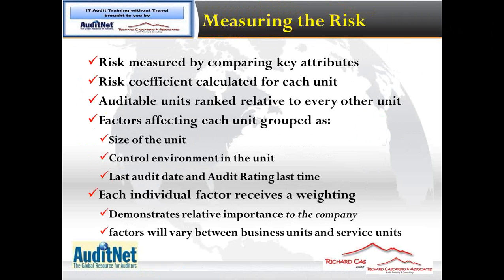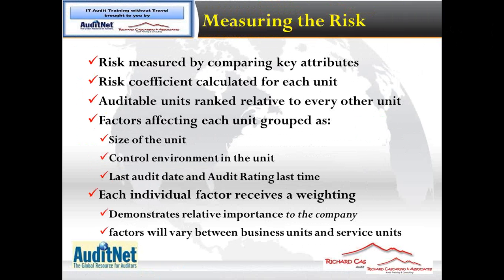If we were looking at IT, we could say that, for example, operations is one unit. Systems development is another unit. Technical support is another unit. Communications is another unit. Or we could look at the company, and IT is one unit within the company.